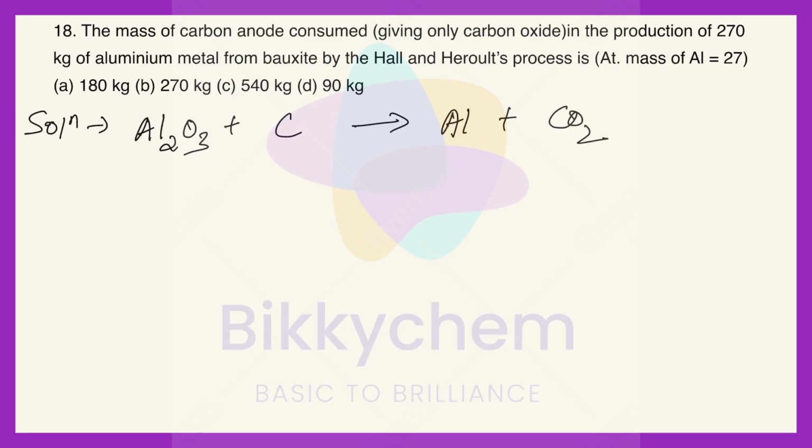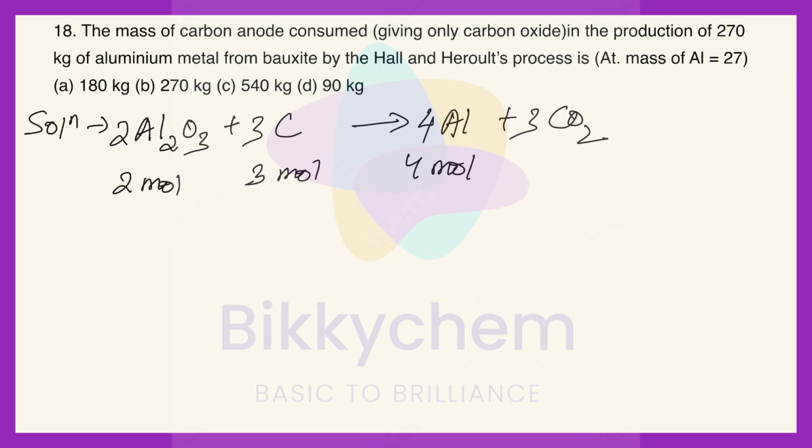So to balance this, we will write like this. 2 mole of aluminium oxide reacts with 3 mole of carbon to give 4 mole of aluminium. So basically these two are important, carbon and aluminium.